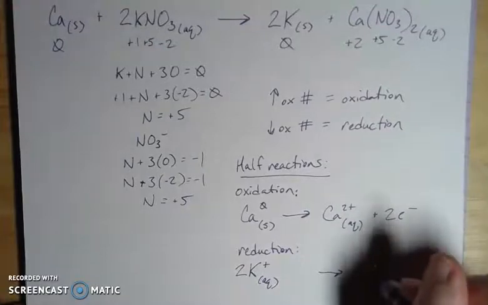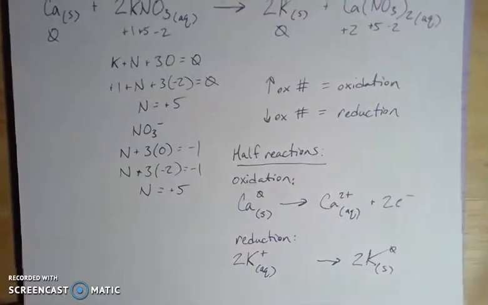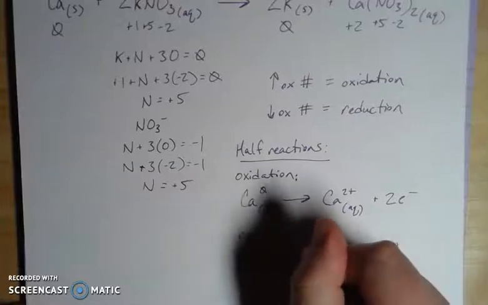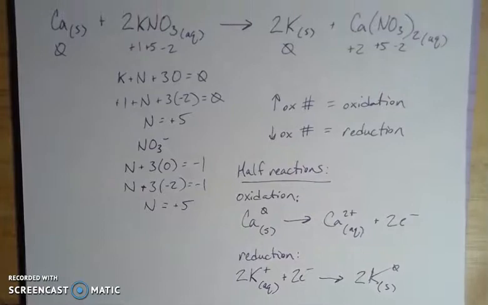Again, you can either think about it as just neutral potassium, or you could put your 0 up there to say that it's in a 0 oxidation state. And in order for these charges to balance out, with a neutral on one side and 2 plus signs on this side, I need to gain 2 electrons in order to make that true. So I'm indicating that electrons are gained because they're on the reactant side.